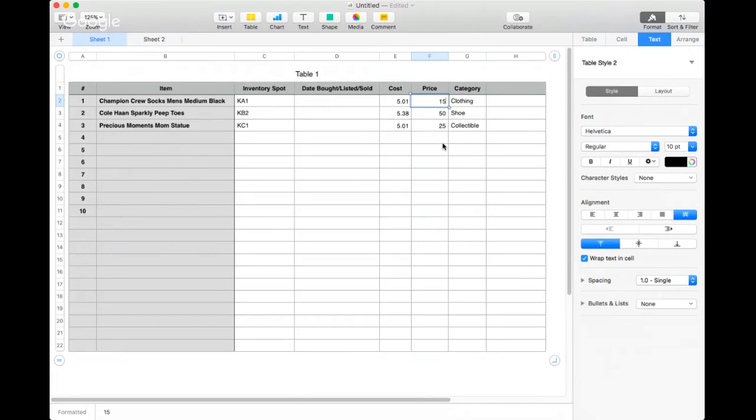So if I paid $5 for my socks and I put them for sale for $15, my cost was $5, my profit, my fees are $5.